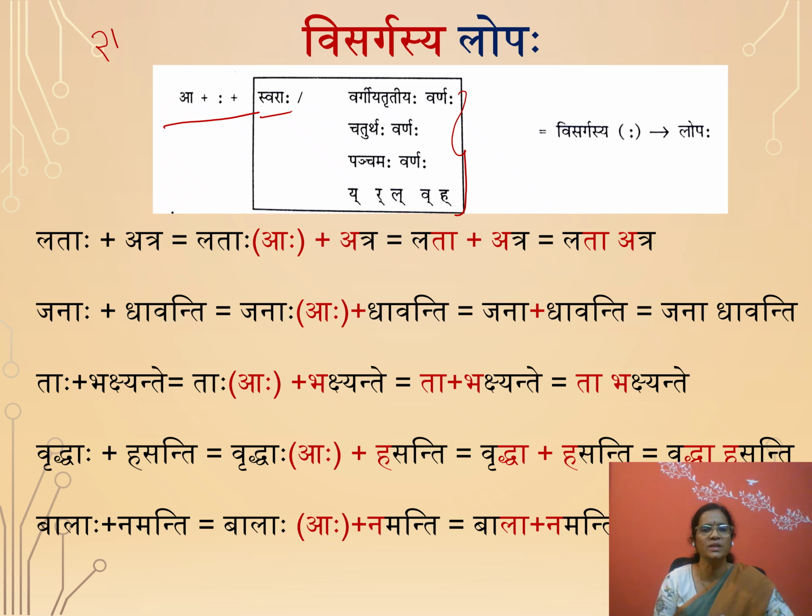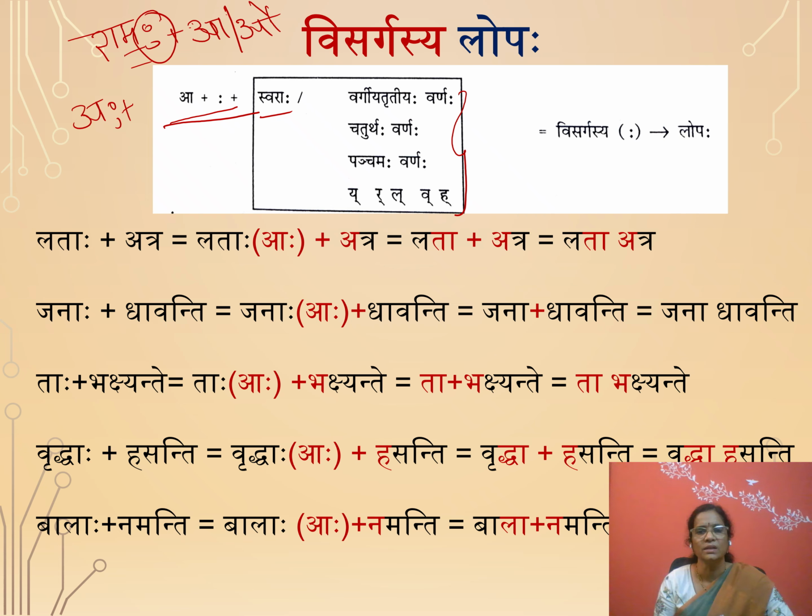If the word ends with aha and except A, any other swara is there, that means from A to Au, any letter it can be, then we have to drop the Visarga. That is the previous rule. In the previous rule, the first word should end with aha, and the second word any swara except A. Now here, the first word should end with aha.